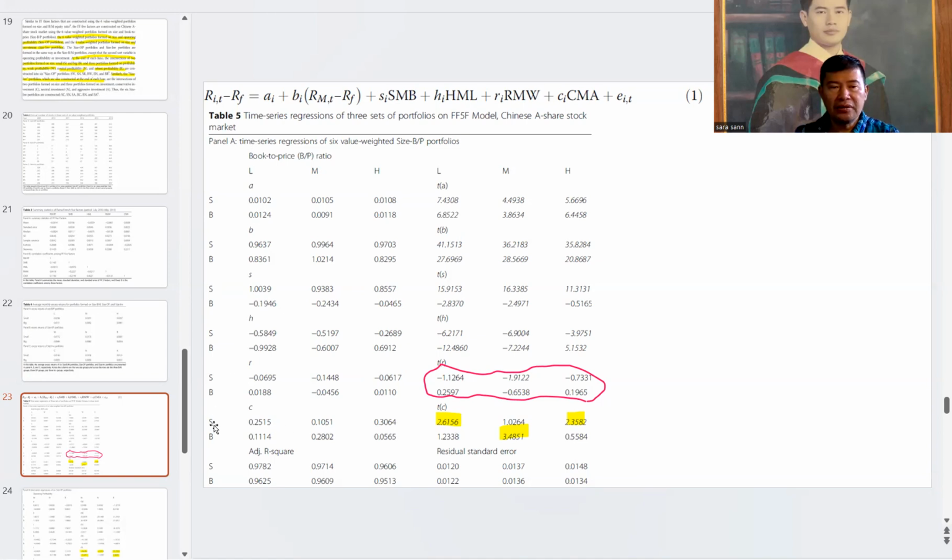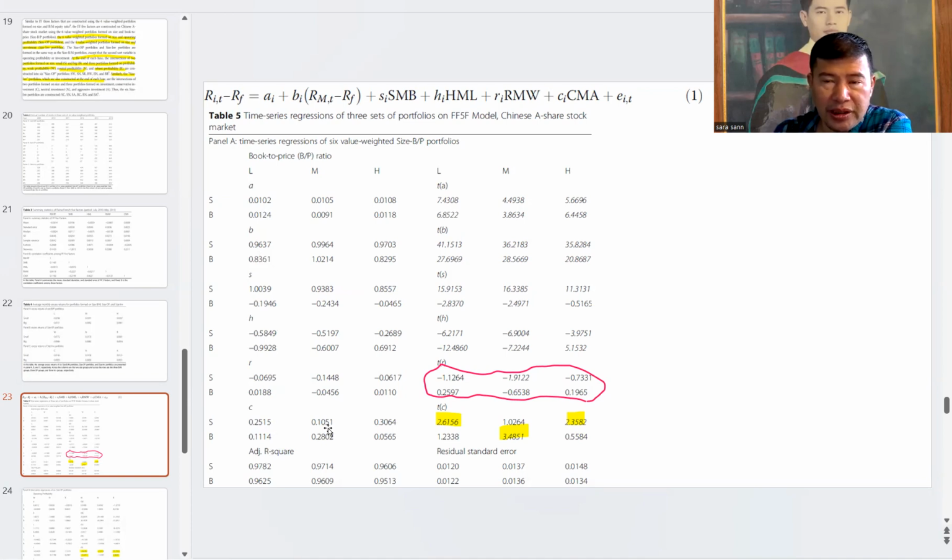SL, over here, small size to low book to market ratio related to excess return, we can see 25%.